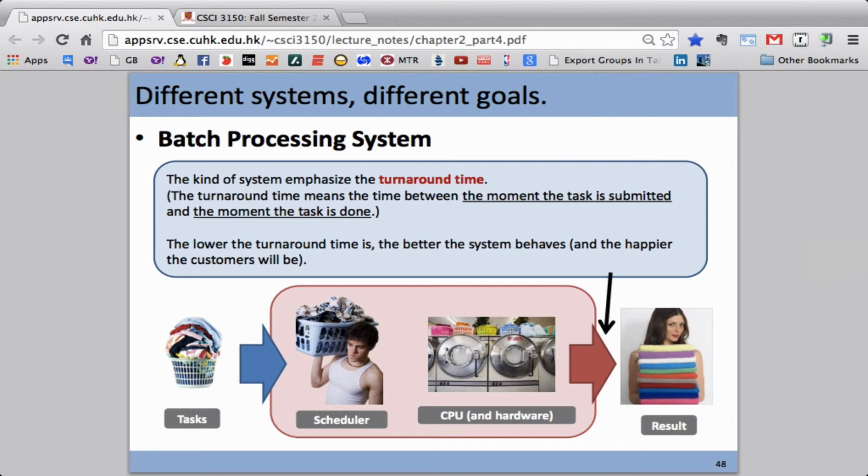So the turnaround time does not equal the time that you run on the CPU. Usually you have to wait. Later on we will tell you another concept called waiting time; waiting time and turnaround time are different. Turnaround time is when the job is submitted, you wait for 3 hours, and then you collect the finished job.